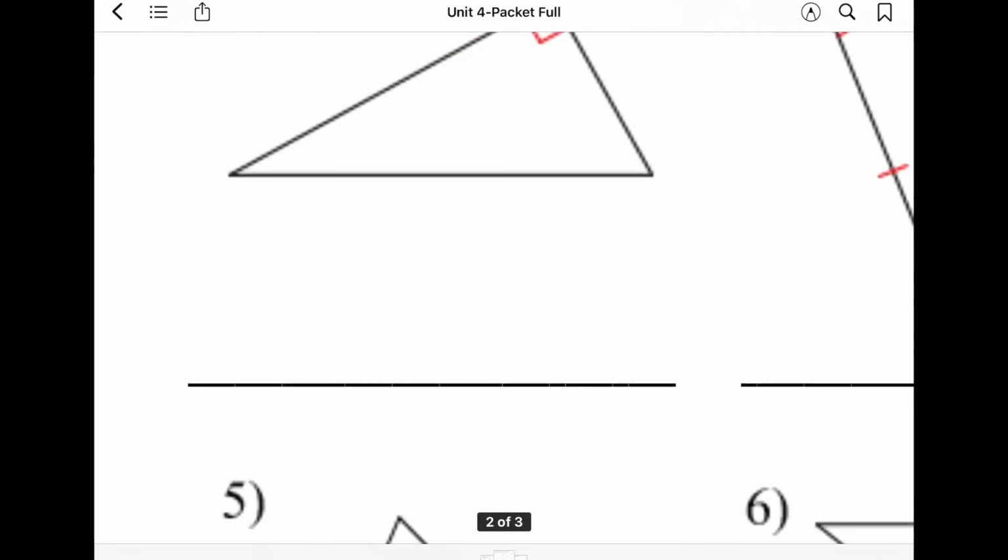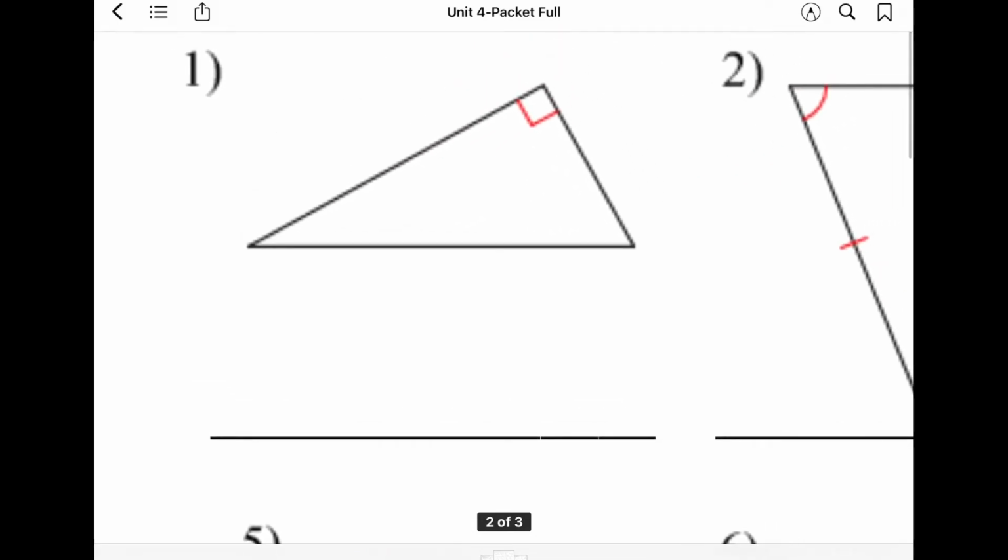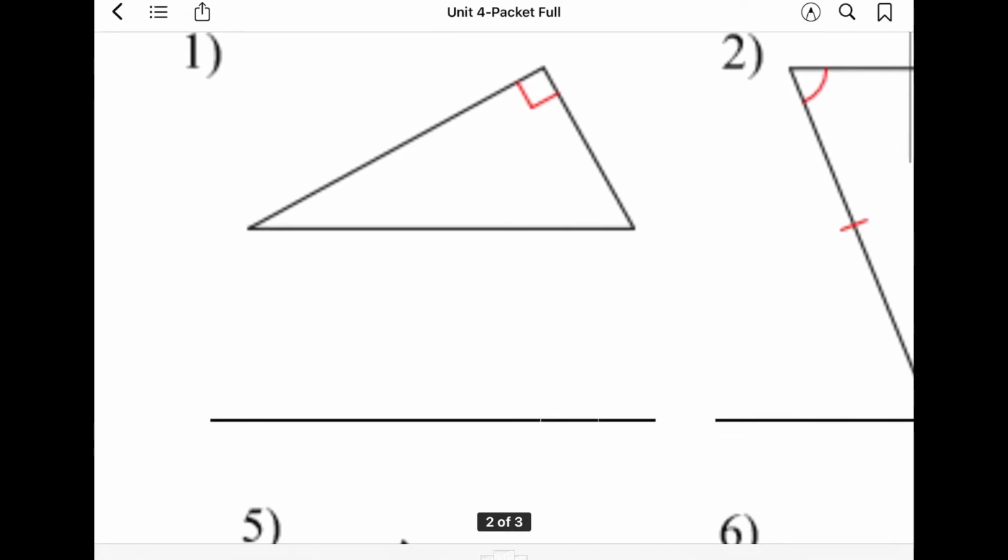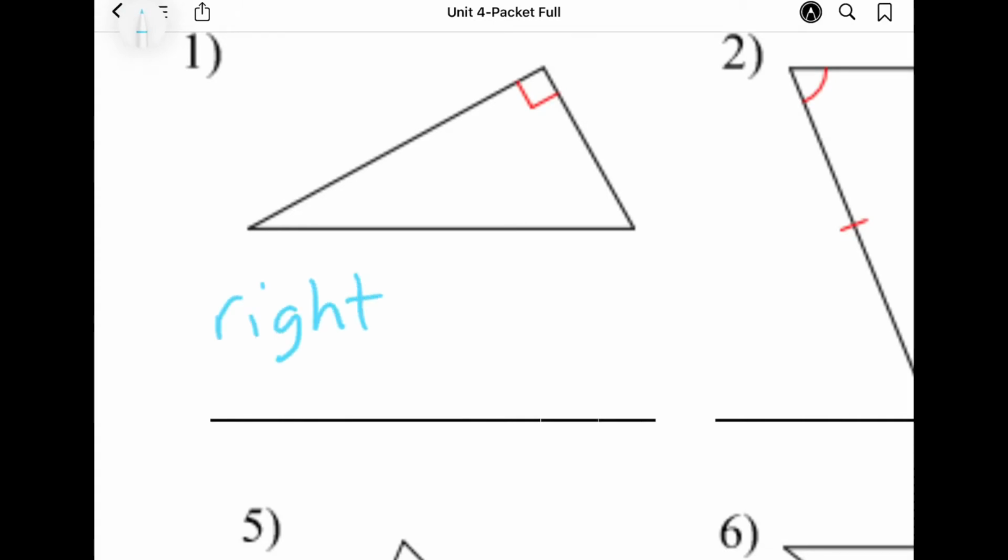So for number 1, if you have any extra questions, again, please do not hesitate to email me or message me on Google Classroom. So number 1 should be a right and a scalene triangle.